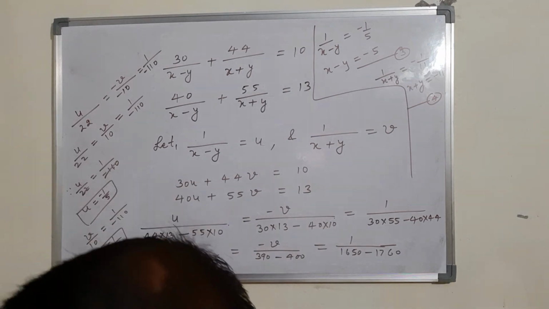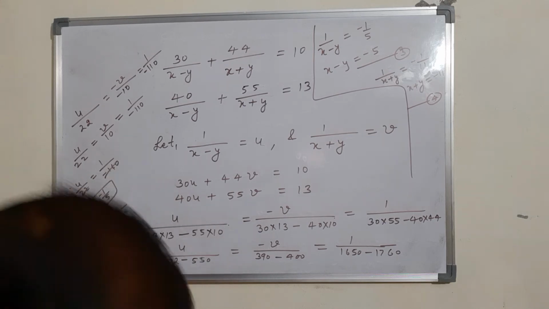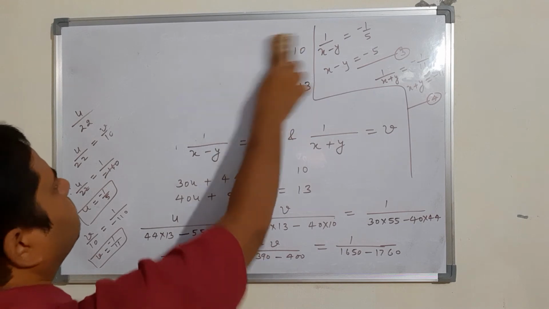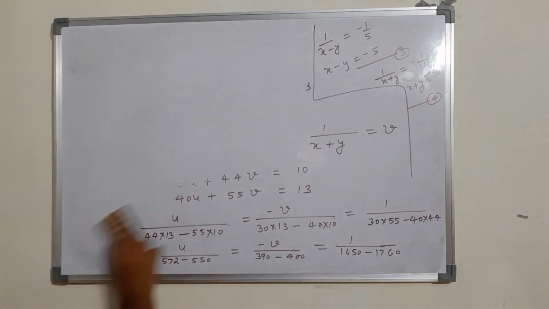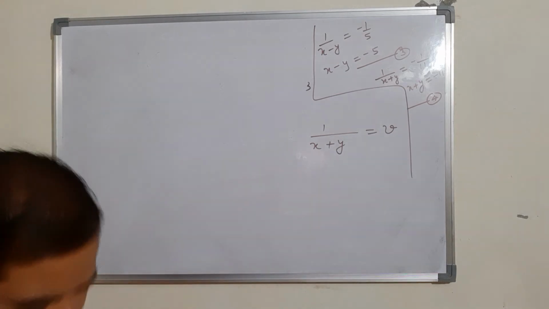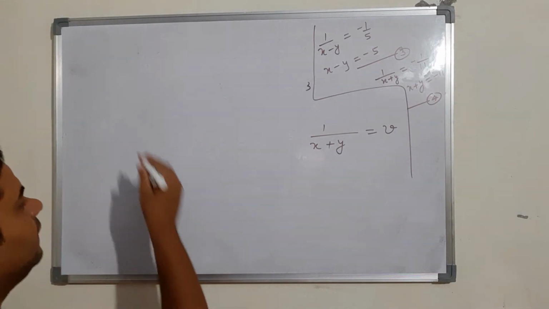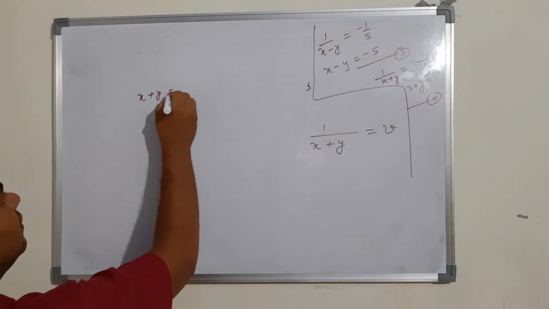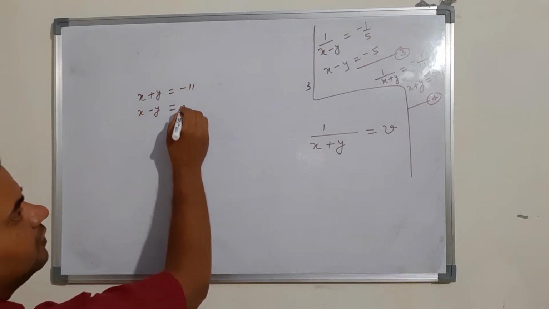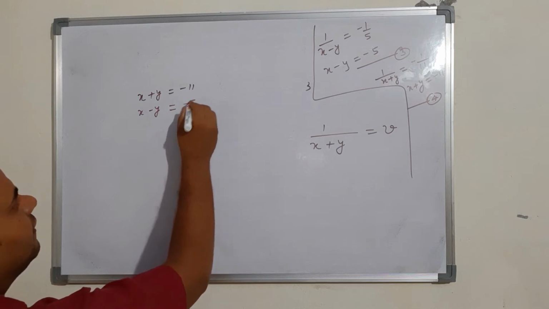Okay, so next you solve x plus y is equal to minus 11 and x minus y is equal to minus 5.